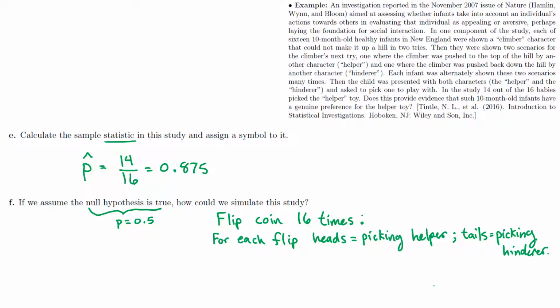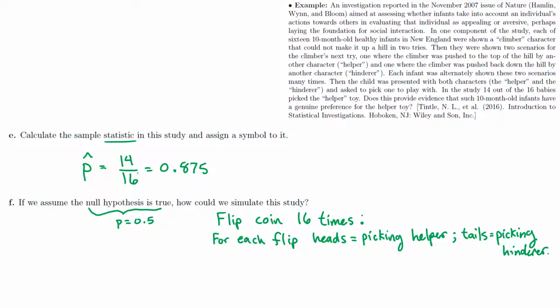All right? And so what we're going to try to do here is get a sense of, if choosing the helper or hinderer toy is just like a coin flip, then if I flip a coin 16 times, how often does something like 14 out of 16 actually come up? That's the question that I want to answer.